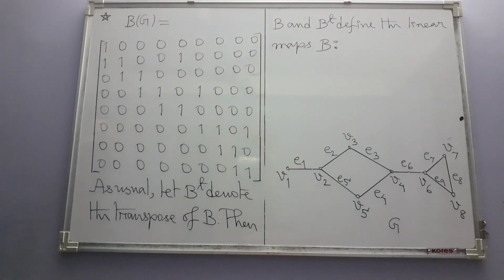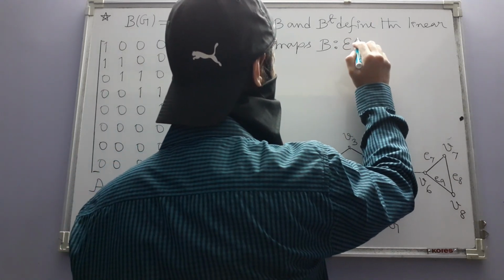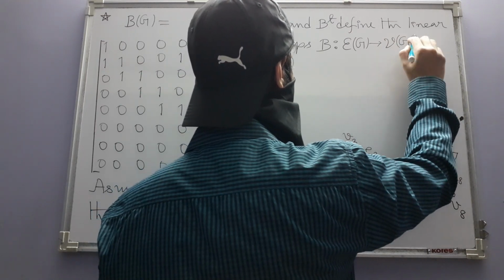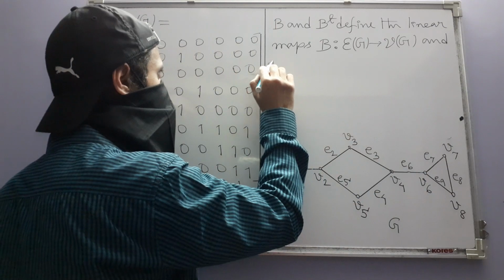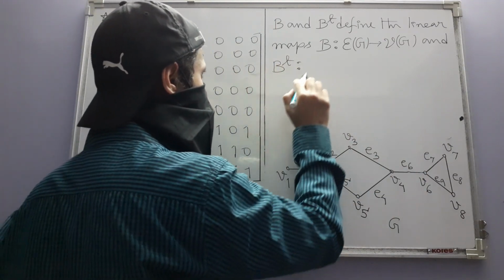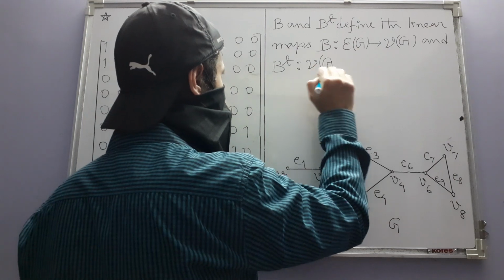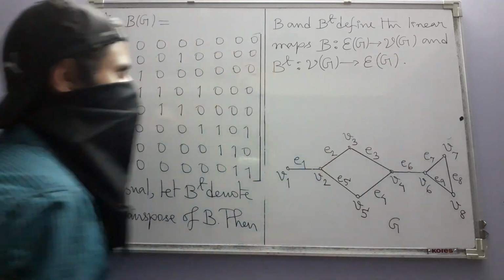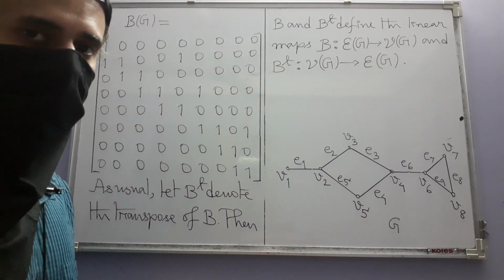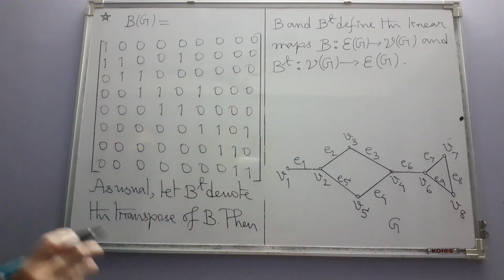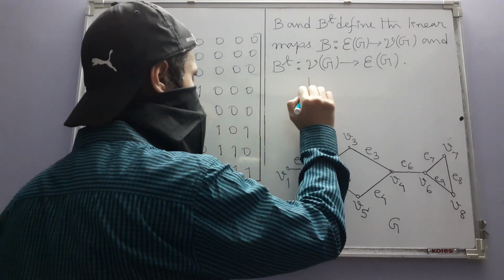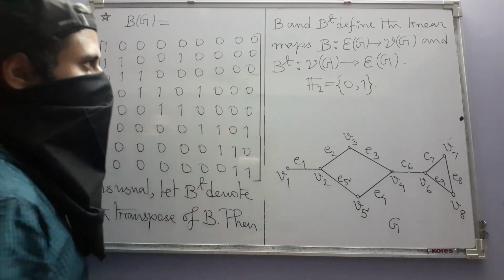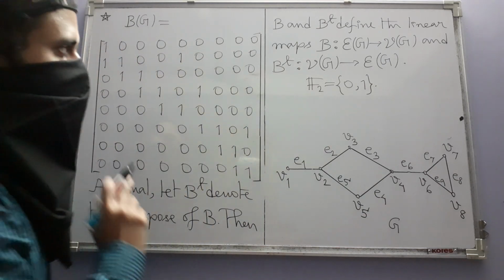B defines a linear map from the edge space of G into the vertex space of G, and B transpose defines a linear map, or linear transformation, from the vertex space of G to the edge space of G. They are linear transformations in the sense of vector spaces, because these are vector spaces. Both are vector spaces over the same field, the field with two elements, so you can consider linear transformations, and these matrices naturally give rise to linear transformations.